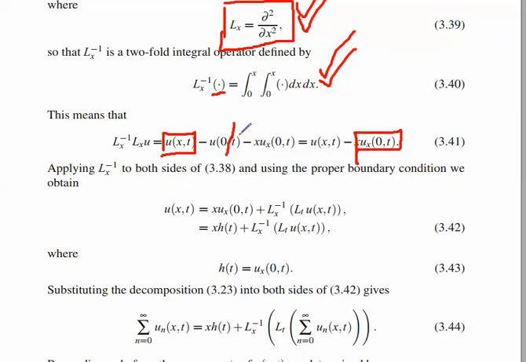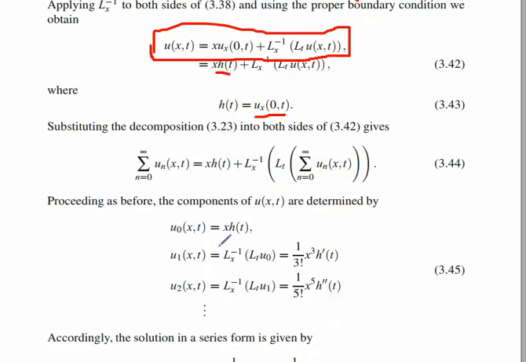This is another form of the above equation, and it can be reduced to this one: u of x, 0, t is a dummy function, and we just call this h of t.